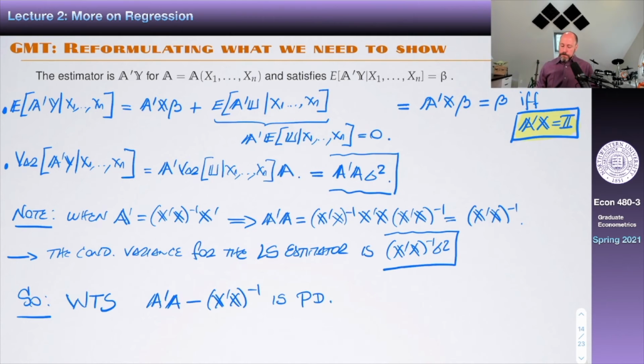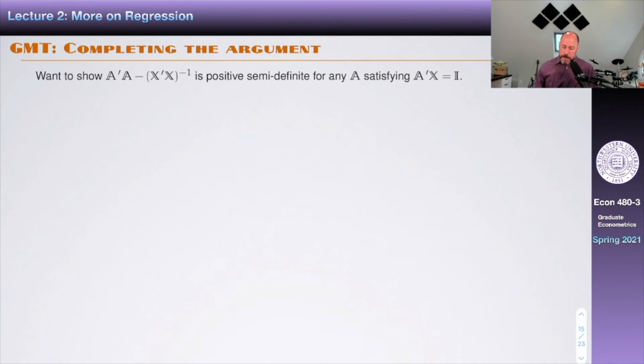So let's do that. We want to show that for any a satisfying this restriction, because this is what we have for the estimator to be conditionally unbiased.